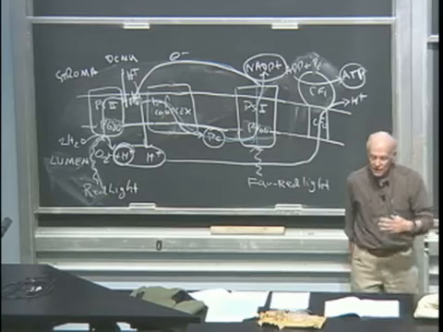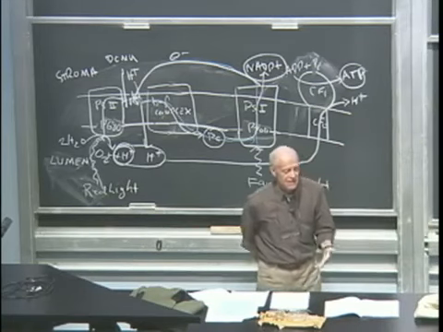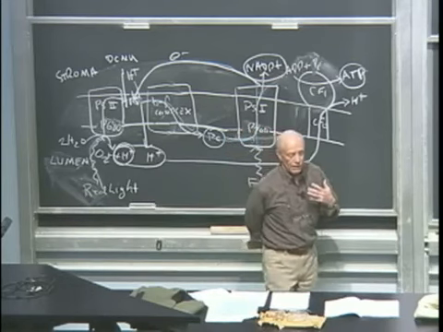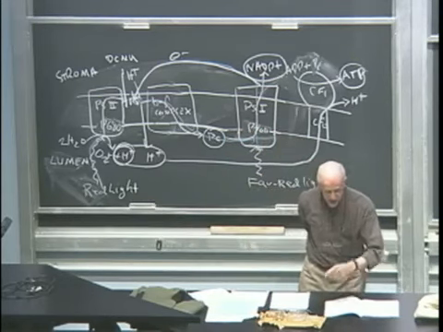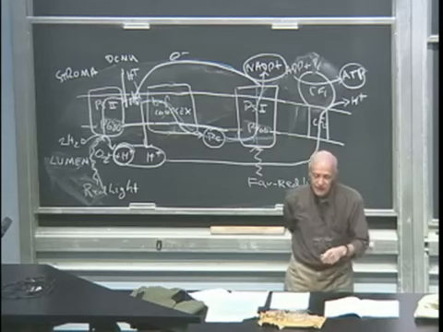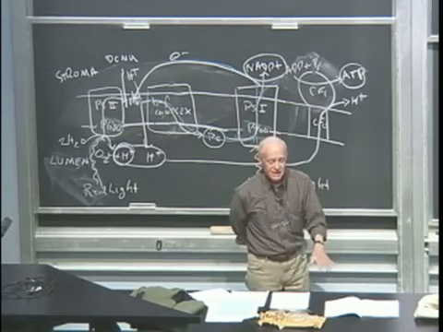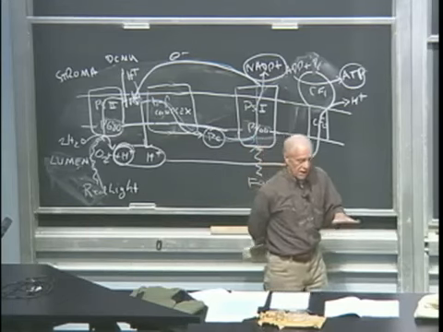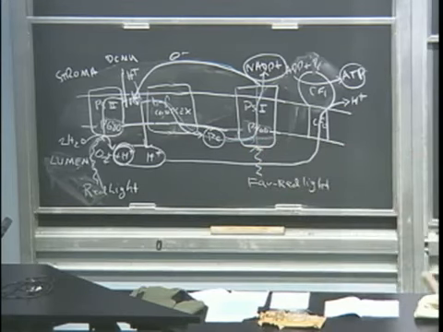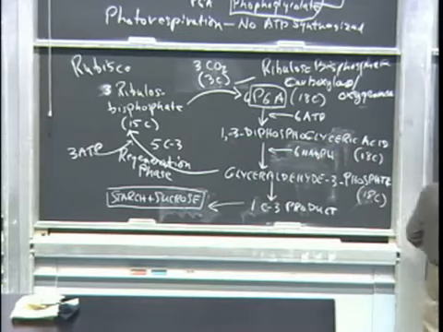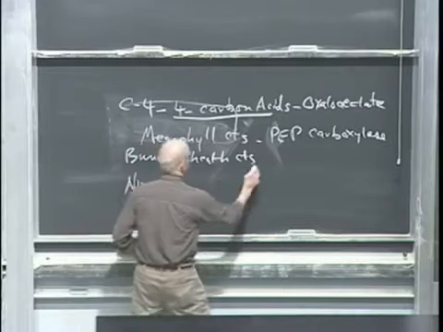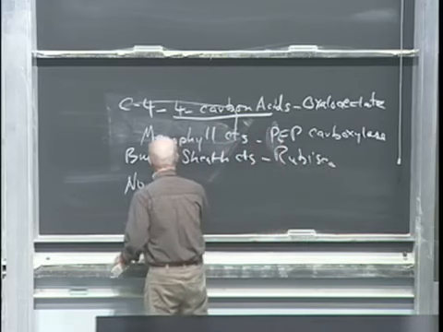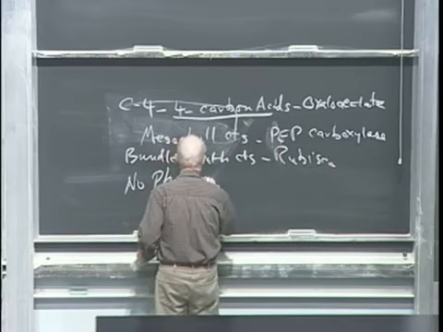So what you're doing by this sequence of events is you are increasing the CO2 concentration over what one would get in a normal mesophyll cell shown in part A of that figure, and suppressing the oxygenase activity. C4 plants have no photorespiration. I should put here Rubisco. There is no photorespiration in these plants.